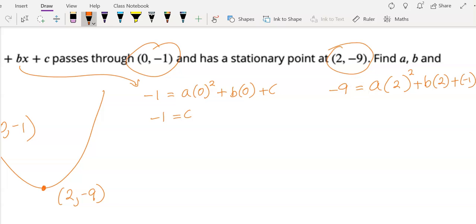I can leave it as c, but I better sub it in so that it's easier. This becomes 2 squared is 4, therefore 4a plus 2b. That -1 becomes positive when it goes to the other side, leaving us -8 on this side. Of course, I can simplify this equation a little bit further, dividing both sides by 2. That gives you 2a plus b is equal to -4.